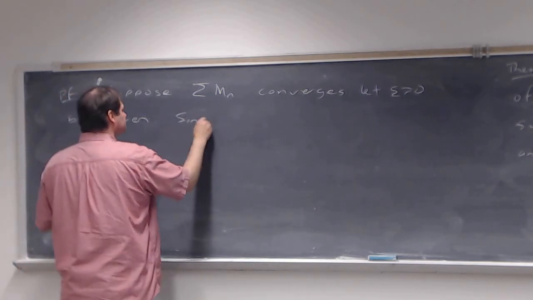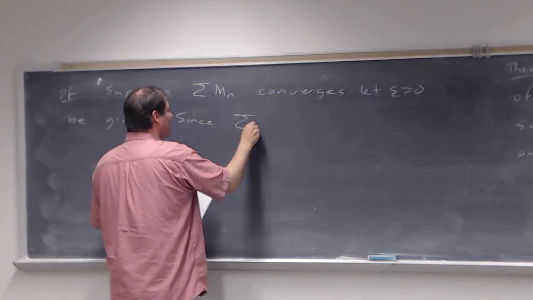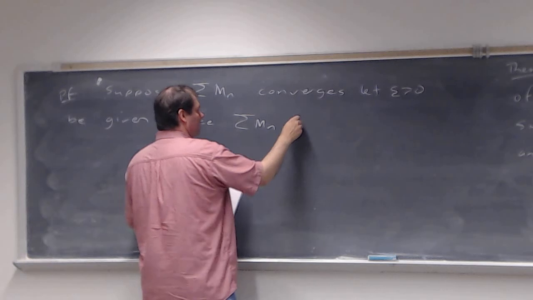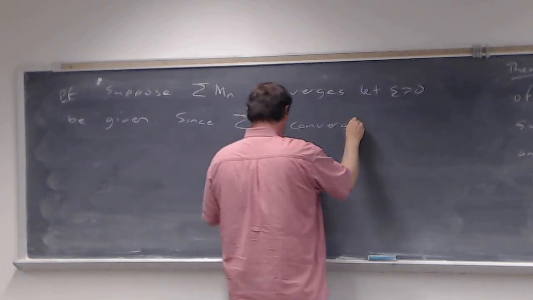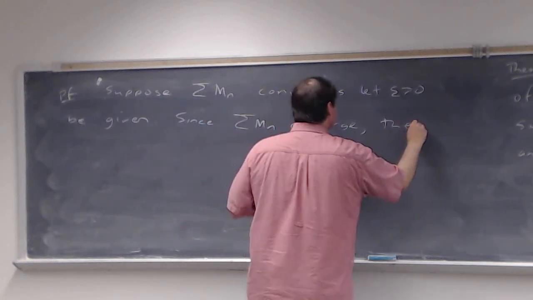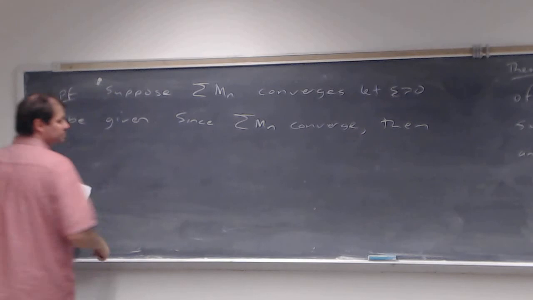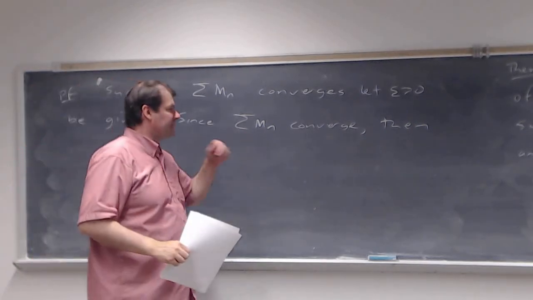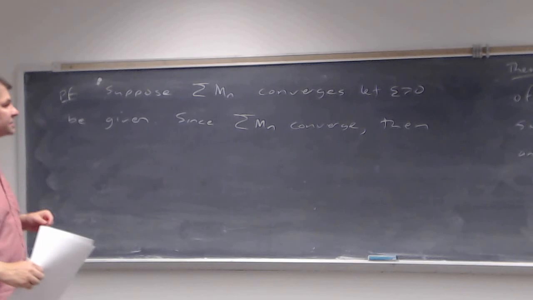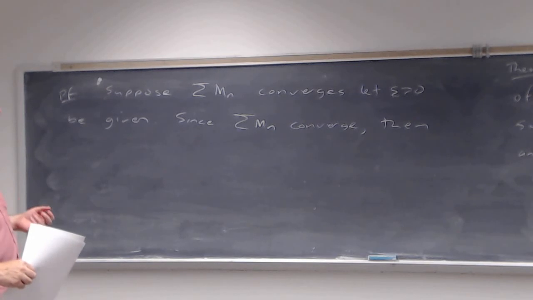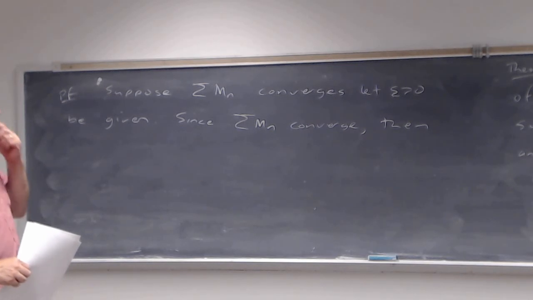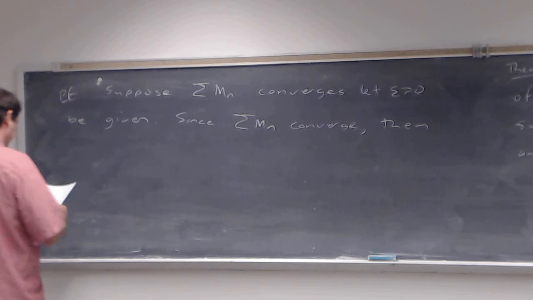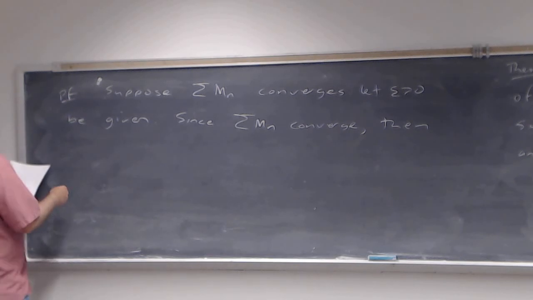Since the sum of the M sub n's converges, then, remember these M sub n's are positive numbers, and when we're adding them up to form a convergent series, we have this Cauchy criterion, and that's what we're going to be using here.